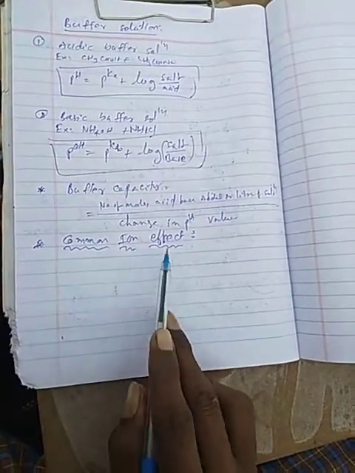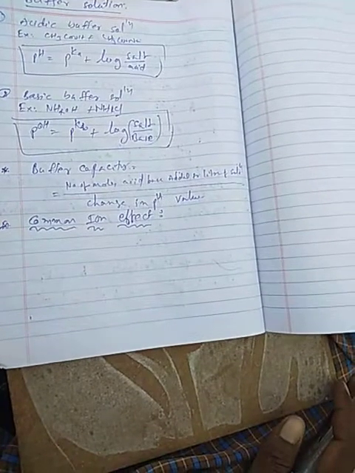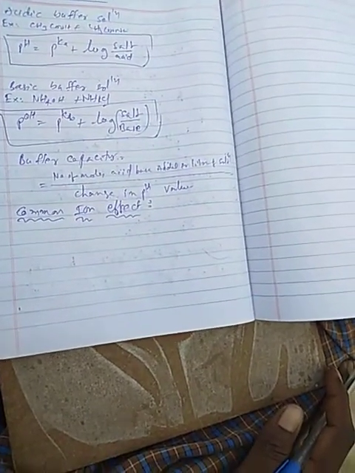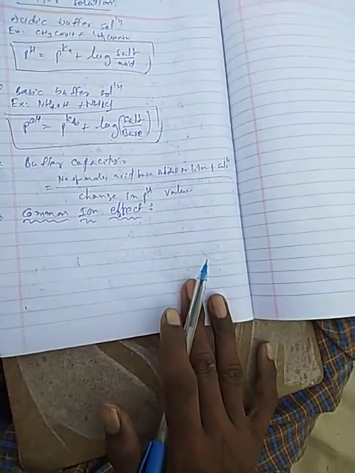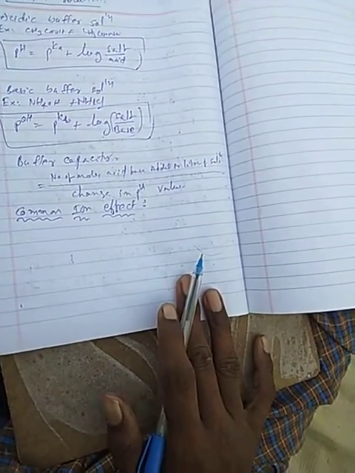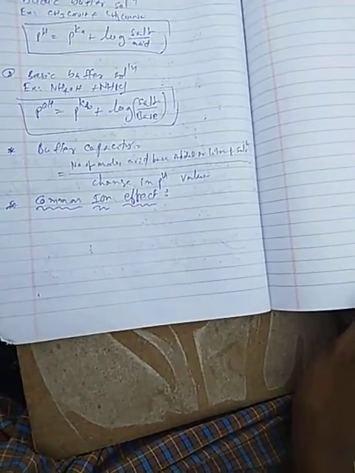The next concept is common ion effect. What does it mean by common ion effect? The decrease in dissociation of a weak electrolyte by the addition of a strong electrolyte having a common ion is known as common ion effect.